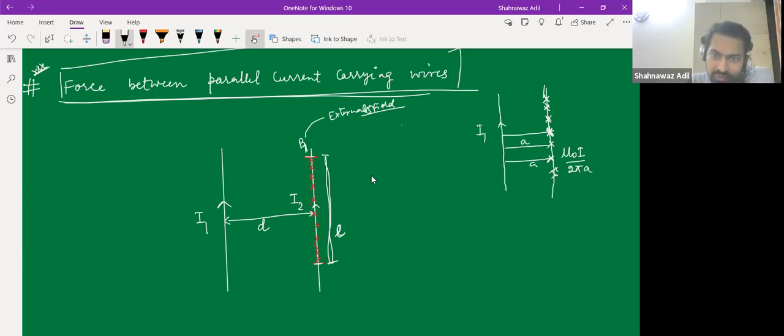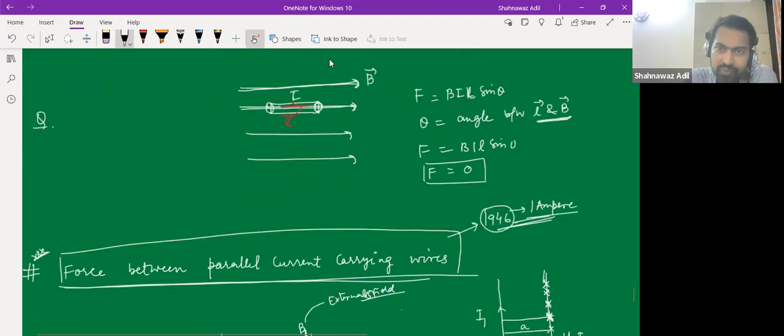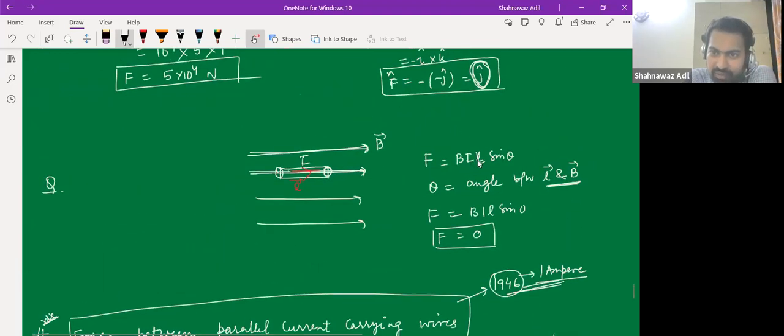So what would be the magnetic force in this length? What is the magnetic force of a current carrying wire? I L cross B, correct?